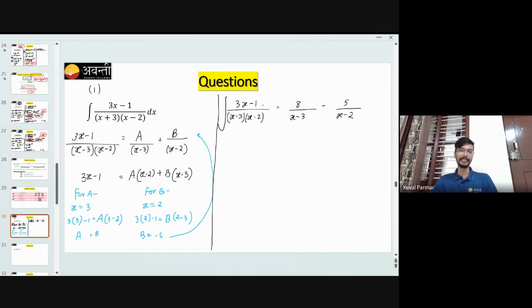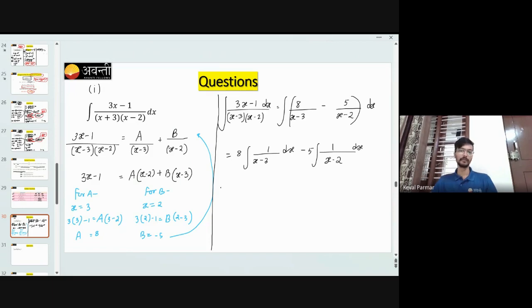Now I wanted the integration of dx. That means this is integration of dx. Now by the second property, I can write it as integration of 8, constant bahar, integration of 1 upon x minus 3 dx minus 5 bahar integration of 1 upon x minus 2 dx.